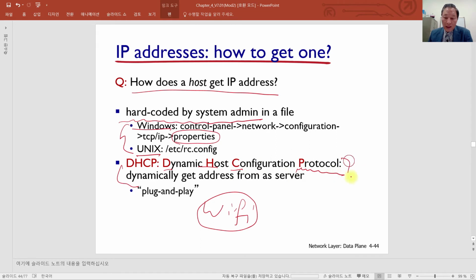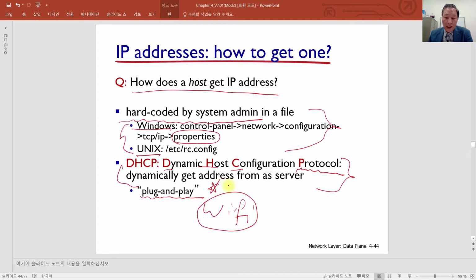This is automatic. Automatically we can get an IP address. Here we are assigning manually. We are putting our IP address into our internet capable device. This one is working as plug and play.